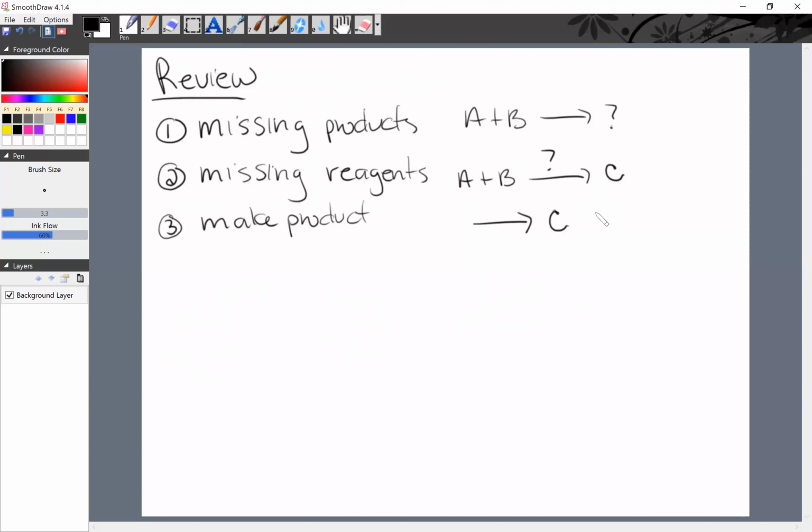Okay, if it's completely blank, retrosynthetic analysis, where you have to think backwards, okay, those are probably the most difficult. So we're going to try just the first two to start with.